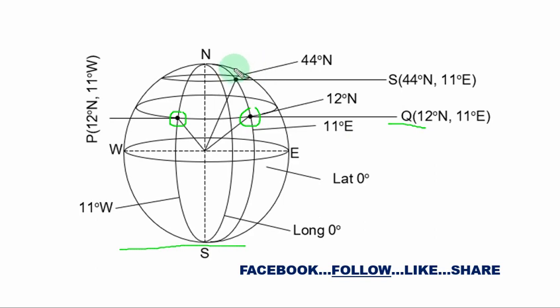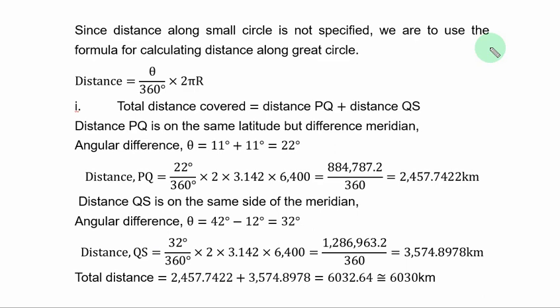That is Q, and this is point S. So we are asked to find the total distance, that is from P to Q and Q to S. The solution continues. Since distance along a small circle is not specified, by default we are to use the formula for calculating distance along a great circle.